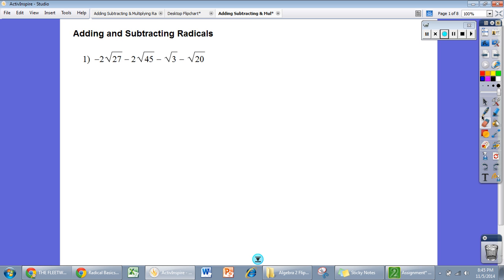So let's take a look at our first problem. We're going to start out by simplifying. You must simplify all your radicals. Okay, so our first one, we're going to bring out that negative 2 and we're going to think about what are the numbers I can multiply together to get 27, hoping that one of them is a perfect square. So I'm thinking of 9 times 3.